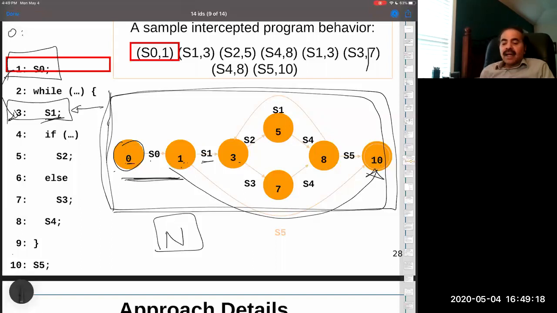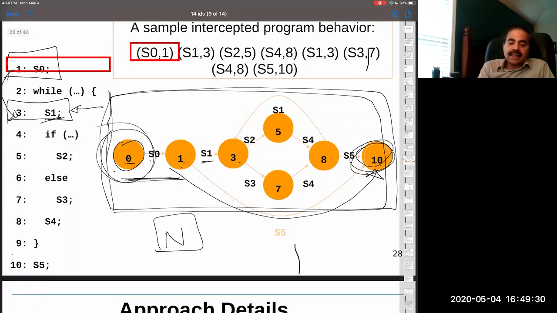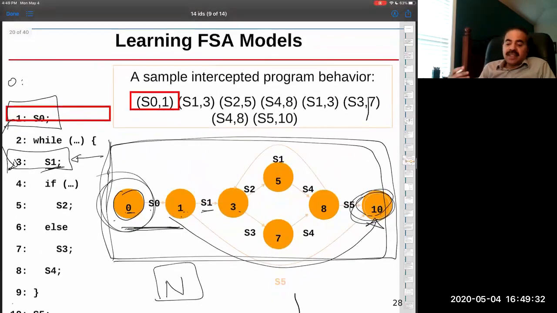They can be arbitrarily far, and you'll still know that this particular system call can be executed after this particular system call. So the model is richer, and at the same time it's smaller and more accurate.